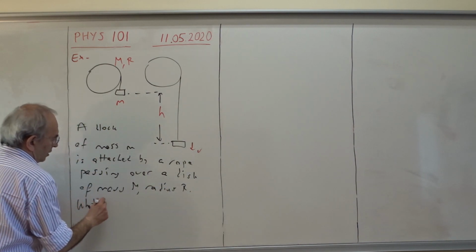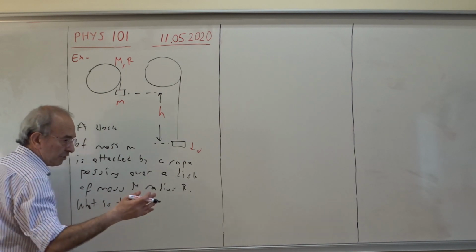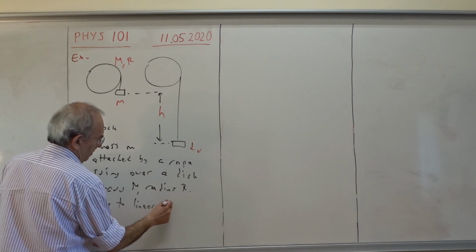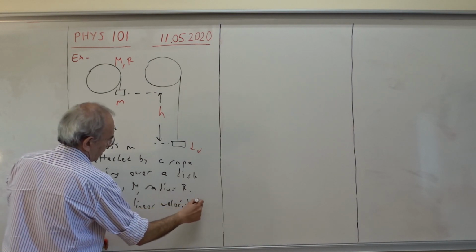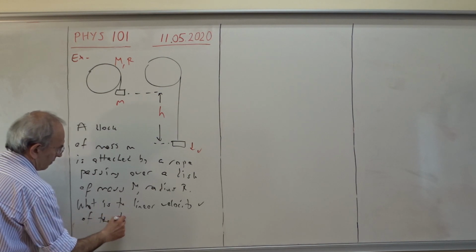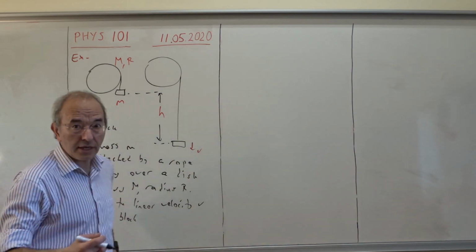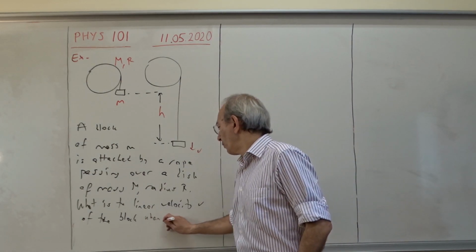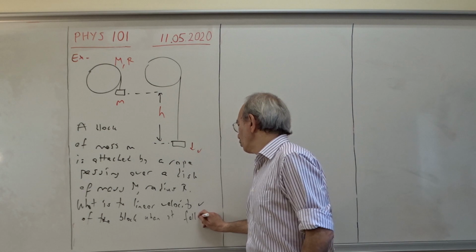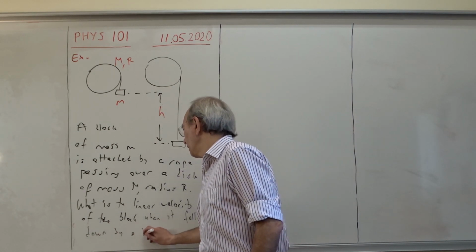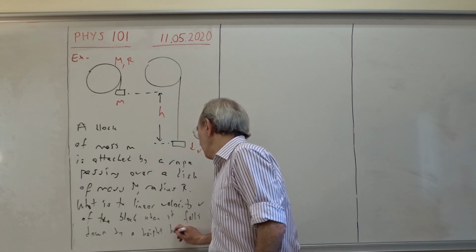What is the velocity? Of course, linear velocity. What is the linear velocity v of the block when it falls by a height h? When it falls down by a height h.